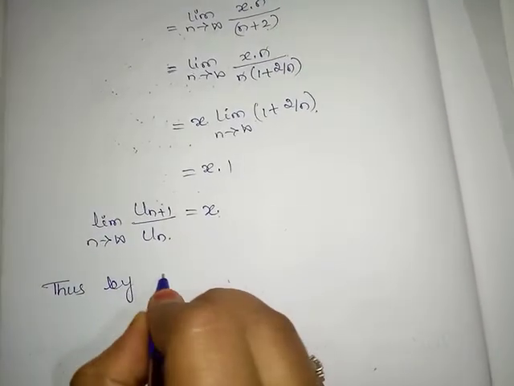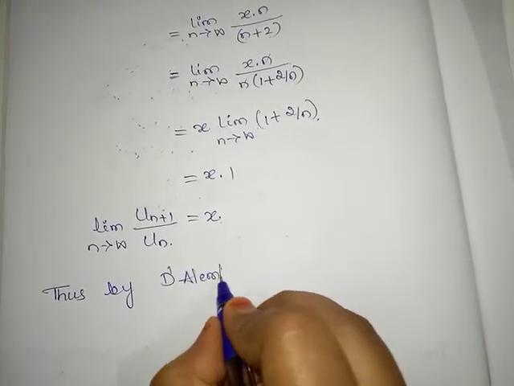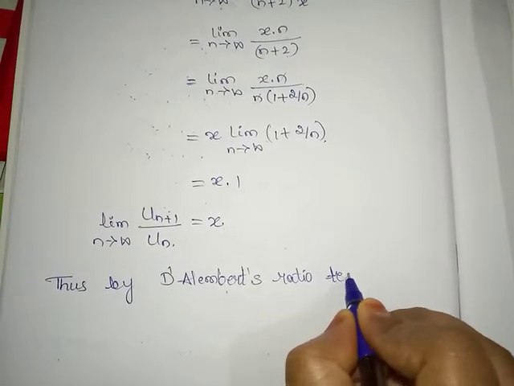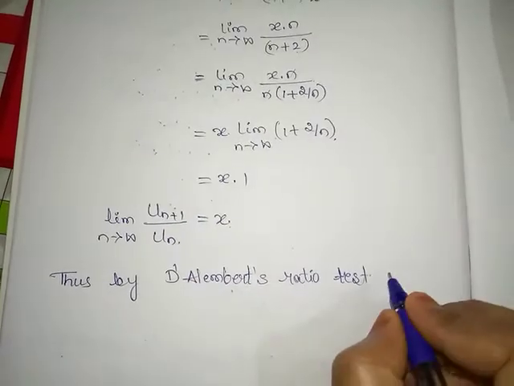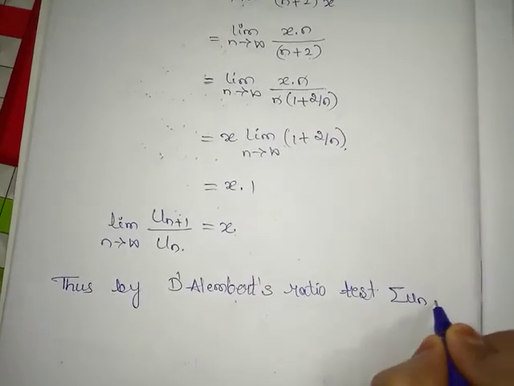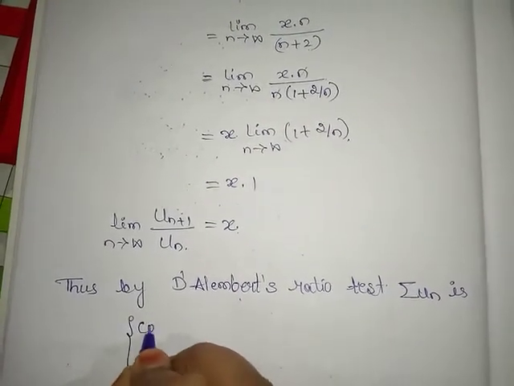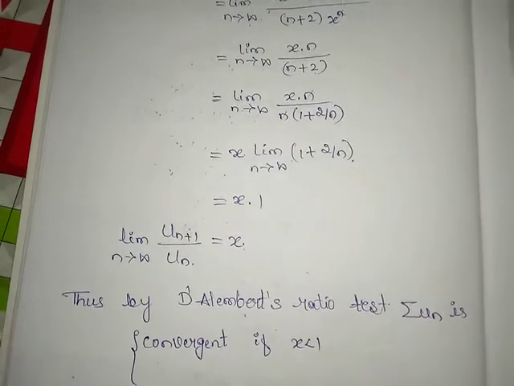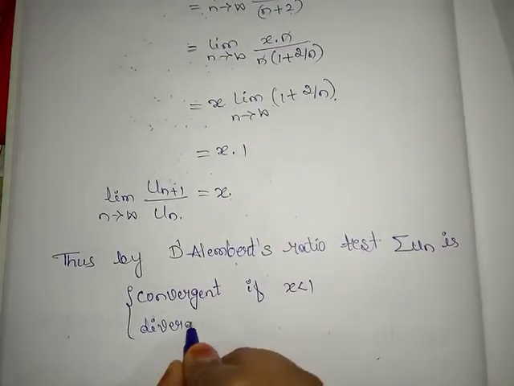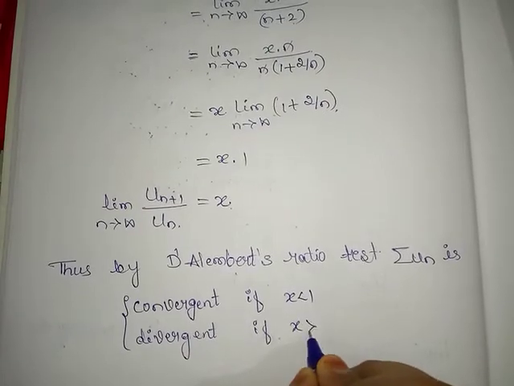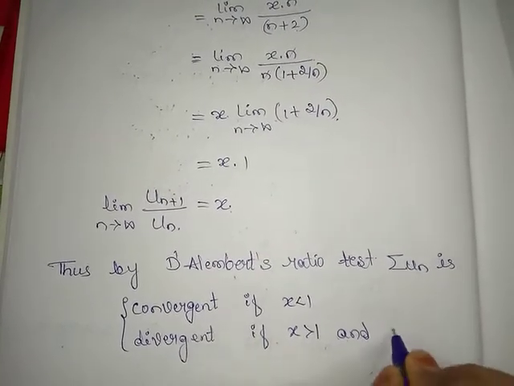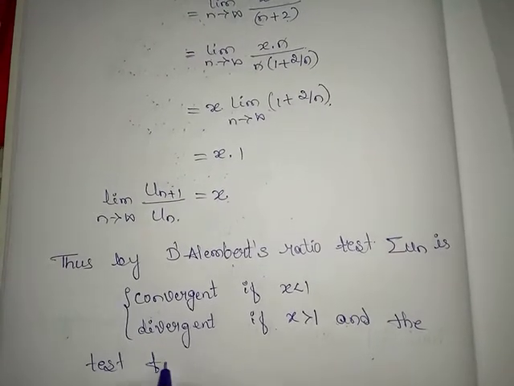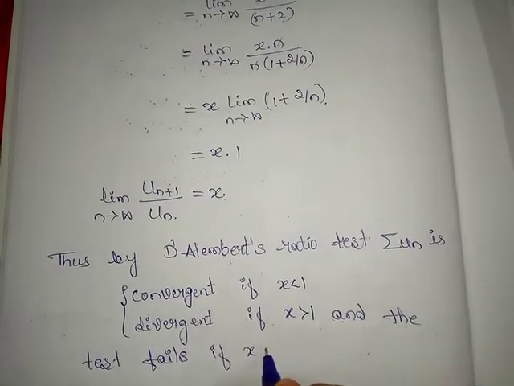Thus by D'Alembert's ratio test, summation un is convergent if x is less than 1, divergent if x is greater than 1, and we have another condition, the test fails if x is equal to 1.